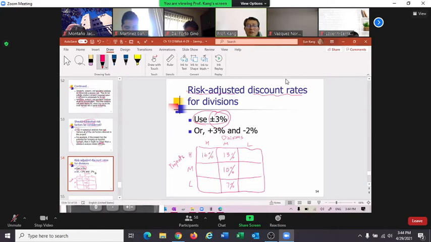And high risk projects in a low risk division, subtract 3, so 10%. So that's easy, right? Just plus or minus 3. So this one is 13, this one is 10. So if I ask, according to the plus or minus 3% adjustment, what should be the discount rate of a low risk division's high risk project? Then what's the answer?